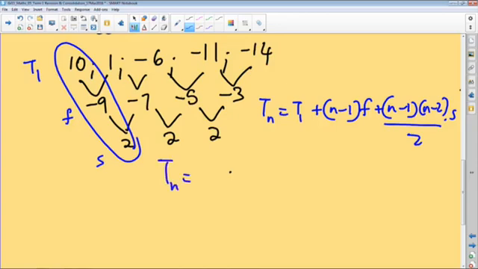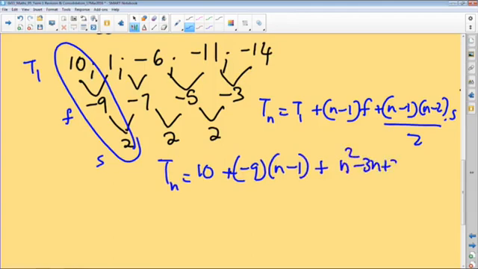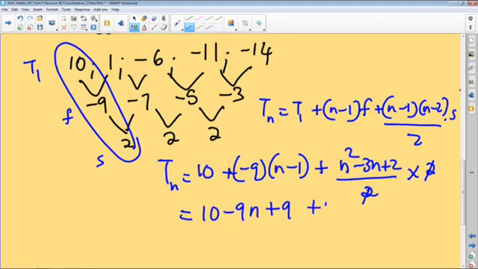So Tn is 10 plus minus 9, right, n minus 1 plus your n squared minus 3n plus 2 divided by 2 times that 2, and then you get your 10 minus 9n plus 9 plus n squared minus 3n plus 2, which gives us the n squared minus 12n, right, plus 19 plus 21.